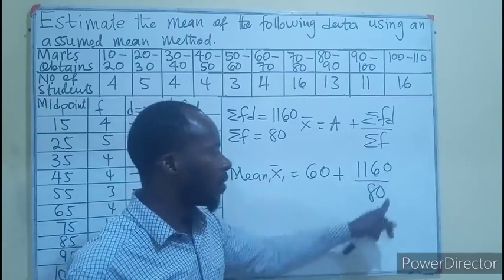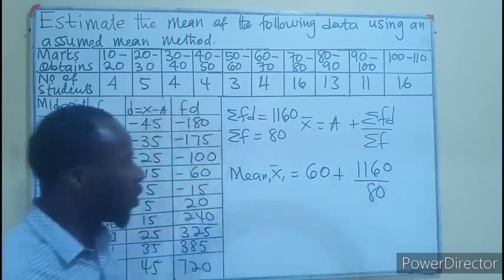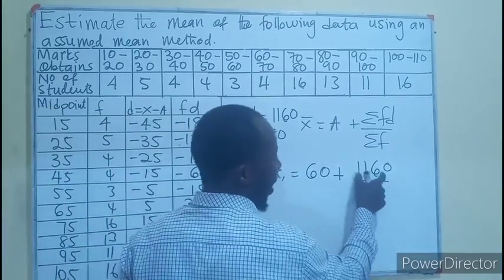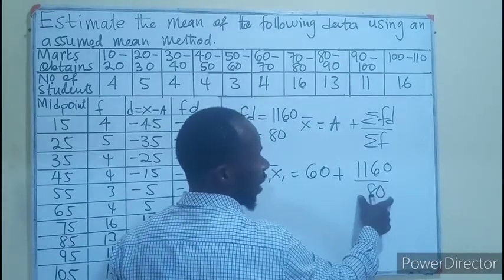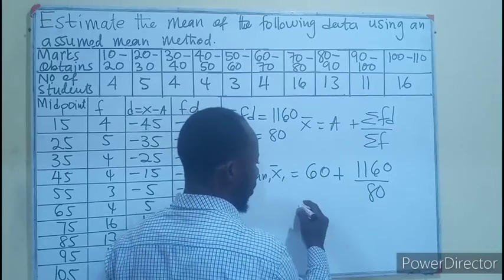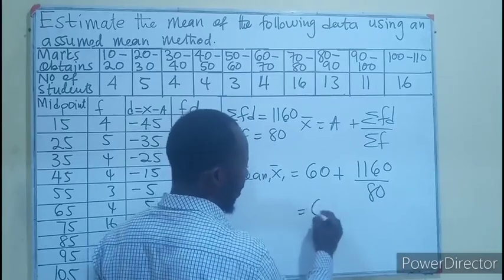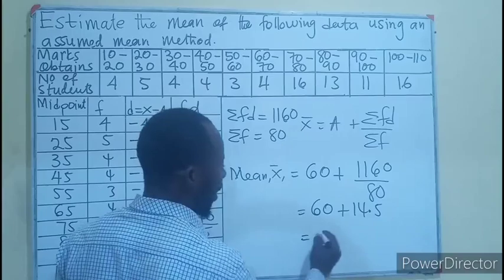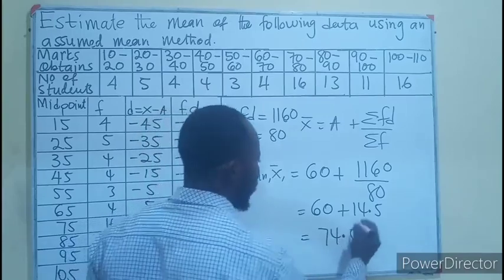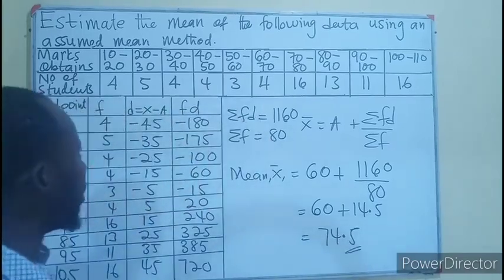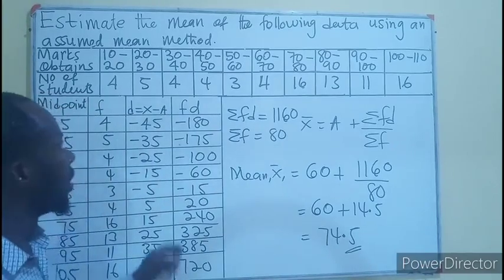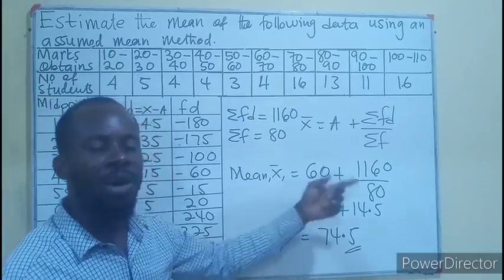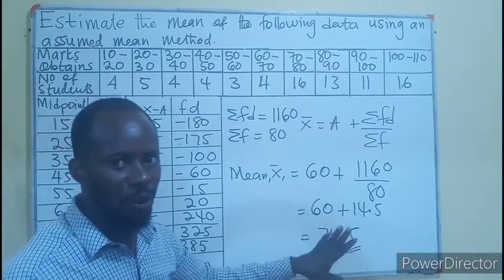You know, these zeros will cancel, and if we divide 116 by 8, that will give us 14.5. So we're having 60 plus 14.5, and that gives us 74.5. So it means the mean of this data using the assumed mean method is 74.5.